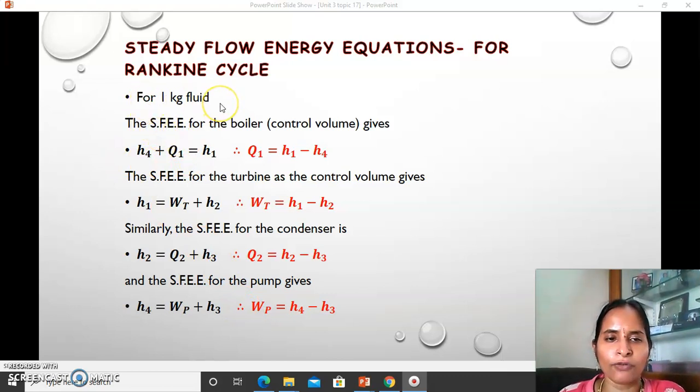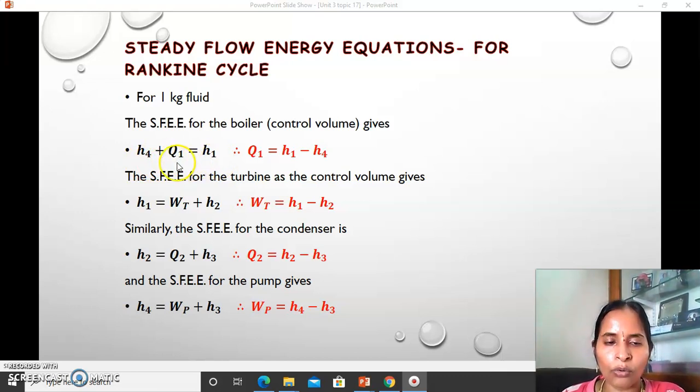For 1 kg of fluid, that is, taking unit mass, m becomes 1, and now for the boiler, you only have to concentrate on the heat supply, which you cannot deny, and because of the heat supply the enthalpy would be increasing.